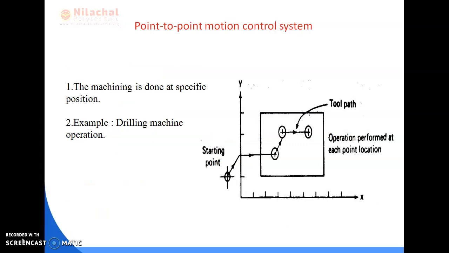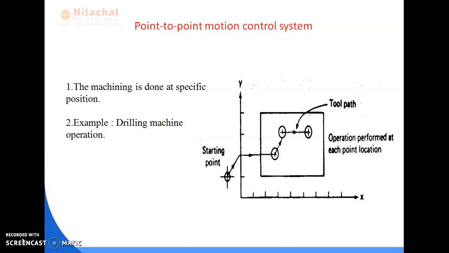So first we will see the motion control systems, that is the point to point motion control system. Here we can see a coordinate system, x and y coordinates, and here we are seeing one workpiece where the tool is going to work, and we will monitor here the motion of the tool.